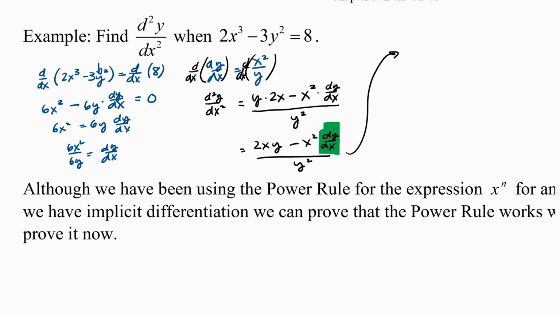Oh, I guess I don't have it written clearly. dy dx is equal to x squared over y. So I can get my better answer for this second derivative of y with respect to x by saying 2xy minus x squared times x squared over y all over y squared.